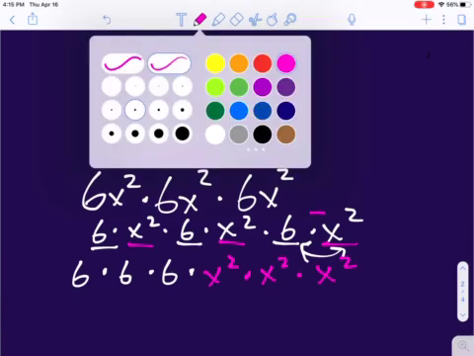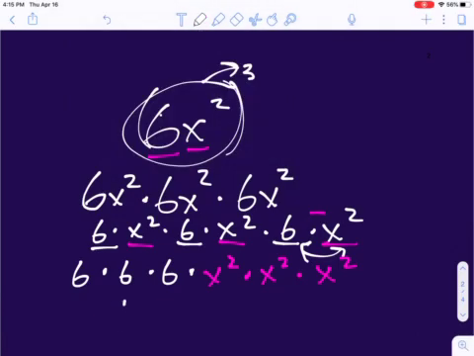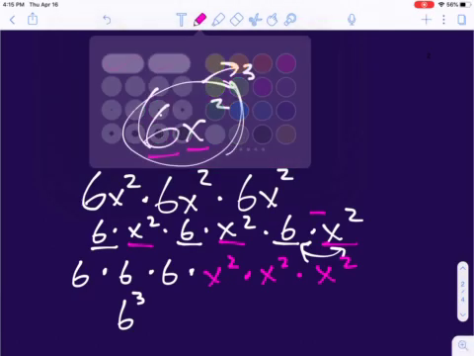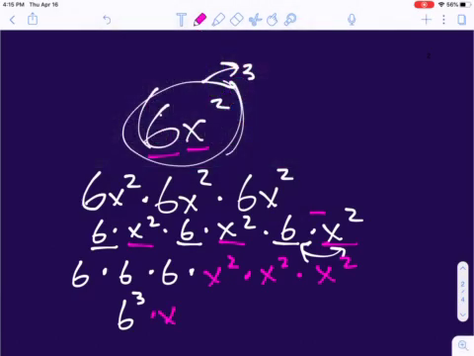When I do my 6's, I get 6 to the third power. And then when I do my x's, I can add 2 and 2, that gives me 4, and then I add 2 and 2, that gives me 6. So I have x to the 6th power. So I have 6 to the third, x to the 6th power.